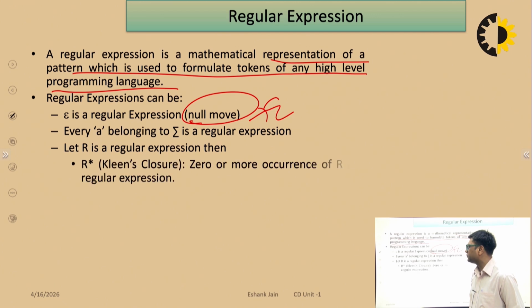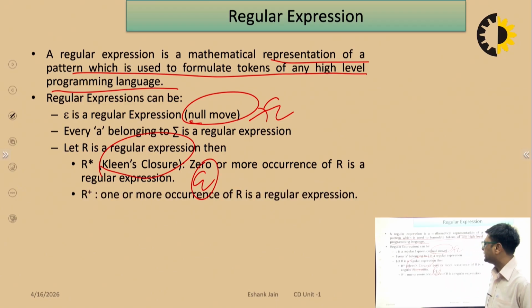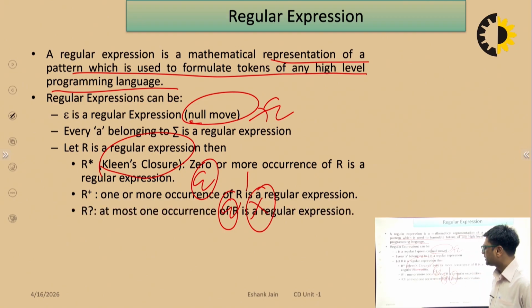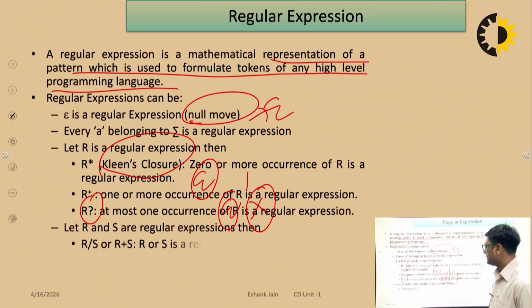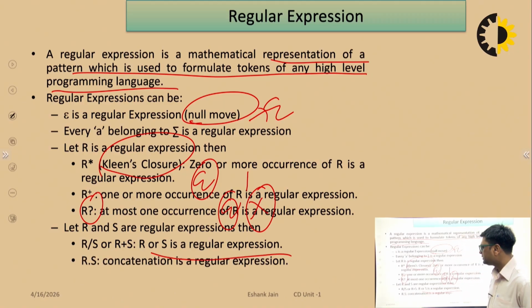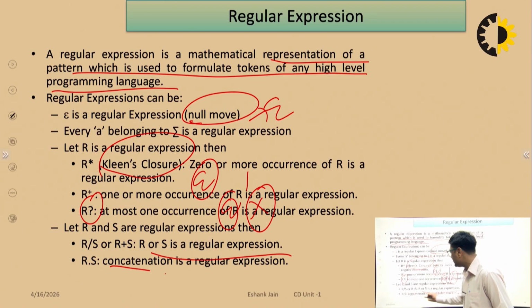Suppose R is a regular expression, then R star is the Kleene closure that includes epsilon. R plus does not include epsilon. R question mark means at most one occurrence. R plus S, or R divided S, is also a regular expression. R dot S is the concatenation.